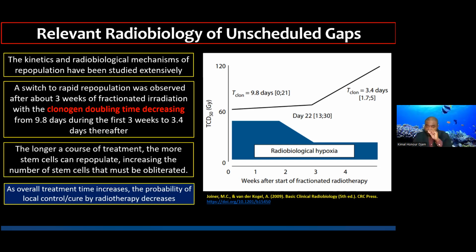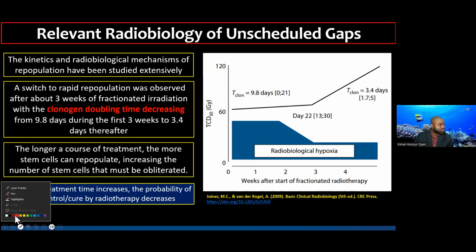This is very important. As you can notice in this graph, the x-axis is in weeks and the y-axis is TCD50, the tumor control dose 50.